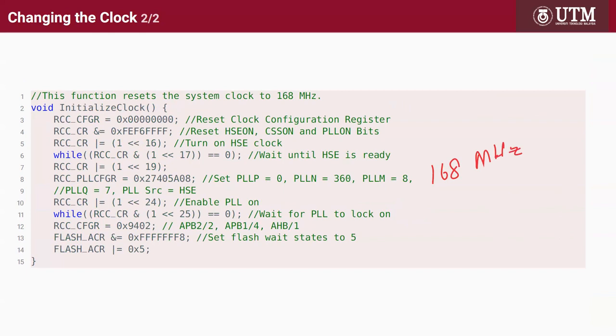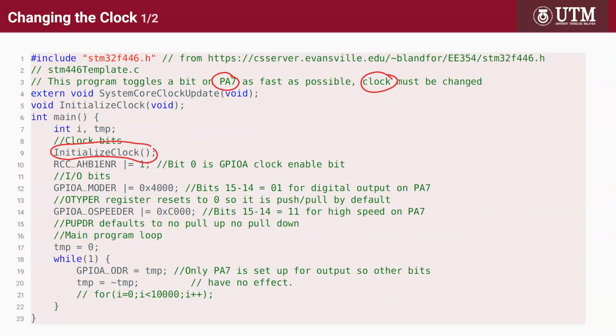That's the best you can get free if you don't put a crystal outside. If you want to get 180, you put the crystal outside. So we get high speed, changing the speed from 60 megahertz to 168.